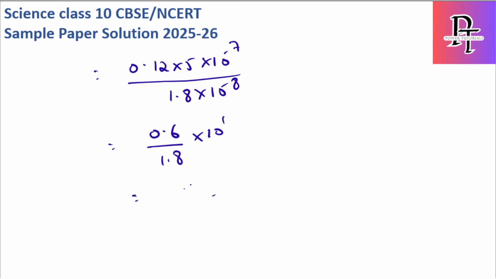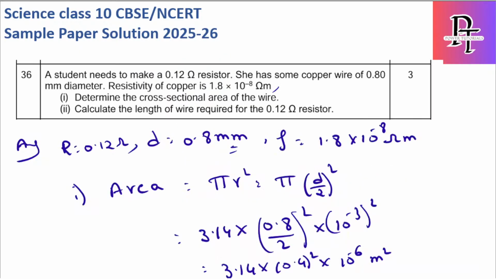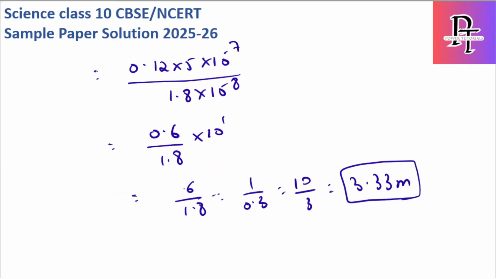So this is 6 by 1.8, or 6 ones are 6, 3s are 18, which is nothing but 10 by 3, which is 3.33 meters. So I got the length of the resistor, or length of the material, as 3.33 meters.